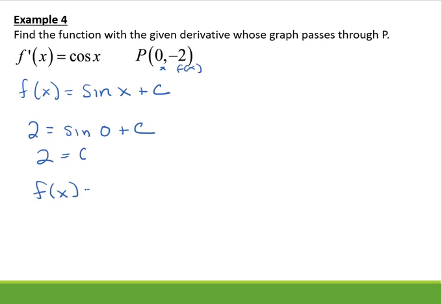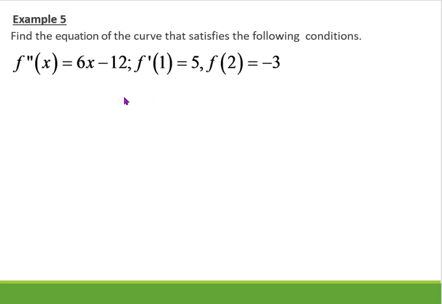Now I give you the second derivative. To get to my first derivative, I take the antiderivative of this right side: add 1 to my exponent, 1 over my new exponent. Now I plug in.